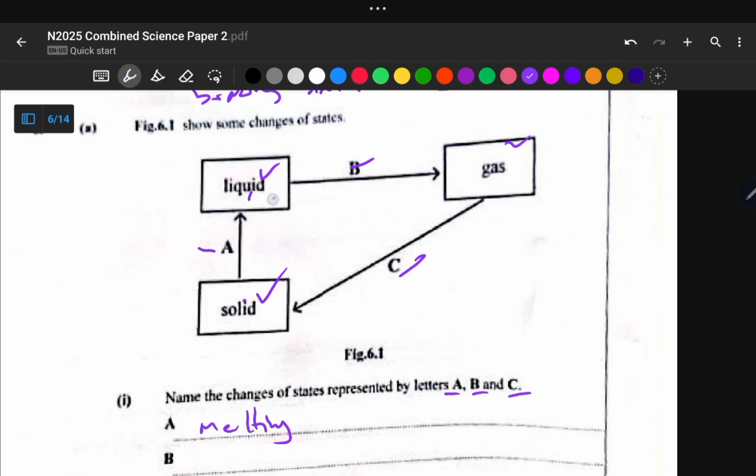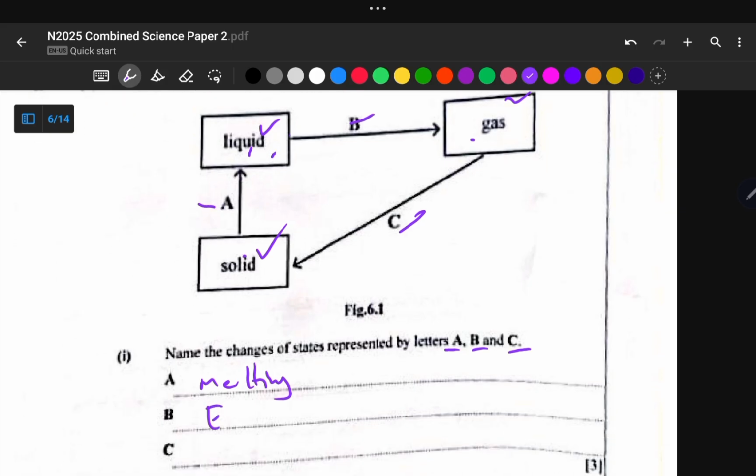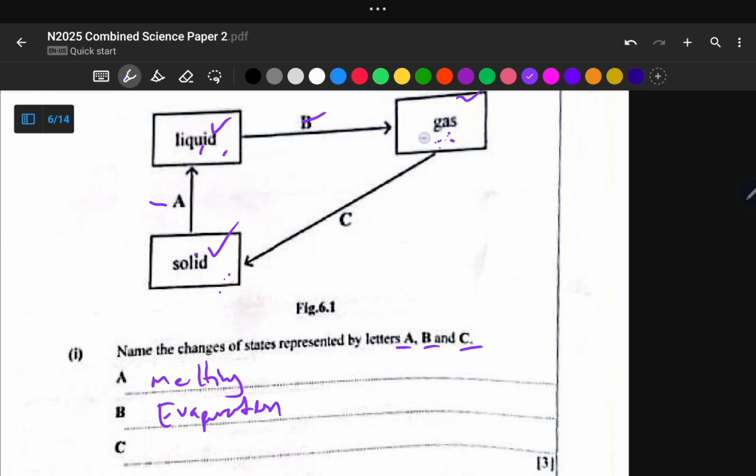Liquid to gas. So this is what we call evaporation, right? And then lastly C, which says from gas to solid. So this one is our C, right? So from gas to solid, we are going from solid to gas. All right, let us start with solid to gas. We're going to have sublimation, right?